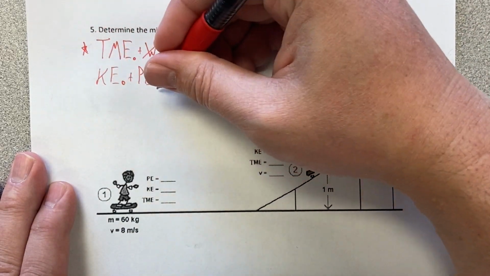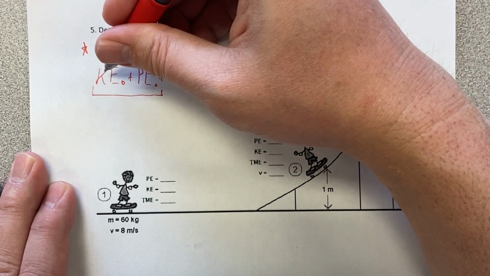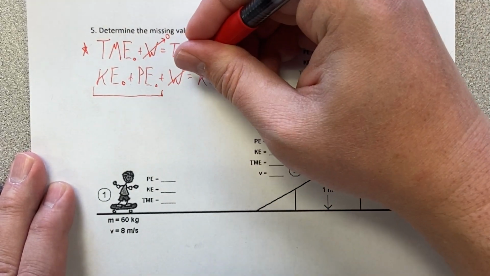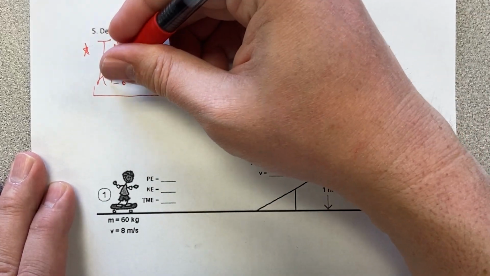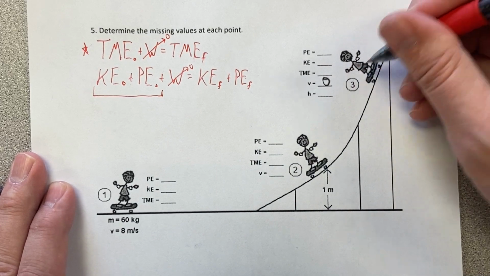So this is the same equation written out with our KE and PE, kinetic and potential, for the total, broken out so that these two in the beginning have to equal these two later on at point 2 or point 3.